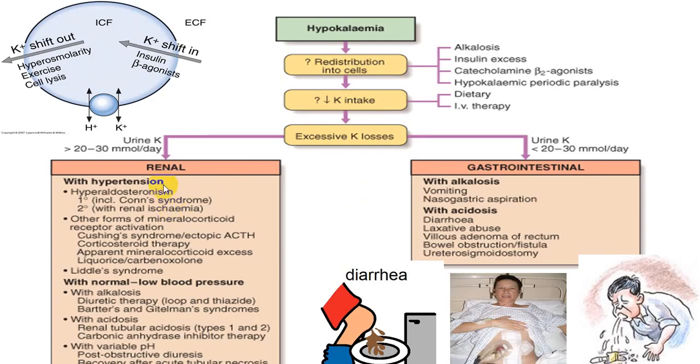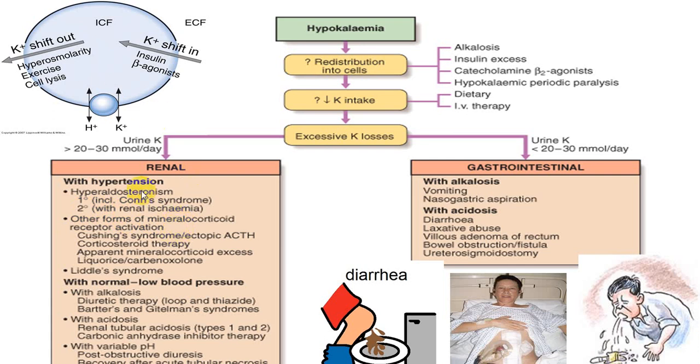So as far as the renal causes are concerned, very frequently with this good number of conditions, person will have hypertension like hyperaldosteronism, classical example Conn syndrome, and secondary hyperaldosteronism because of renal ischemia. Also, if the person has mineralocorticoid activity because of excessive intake of mineralocorticoids.